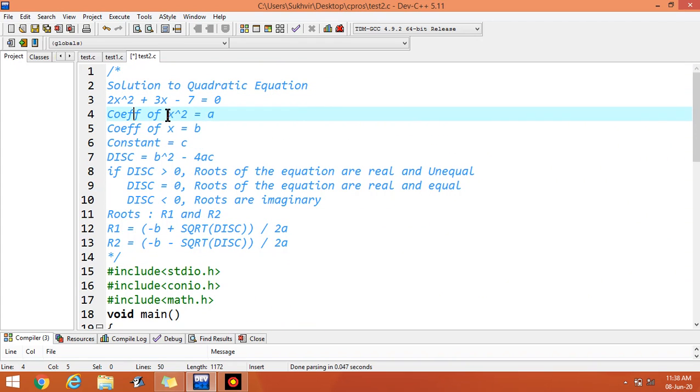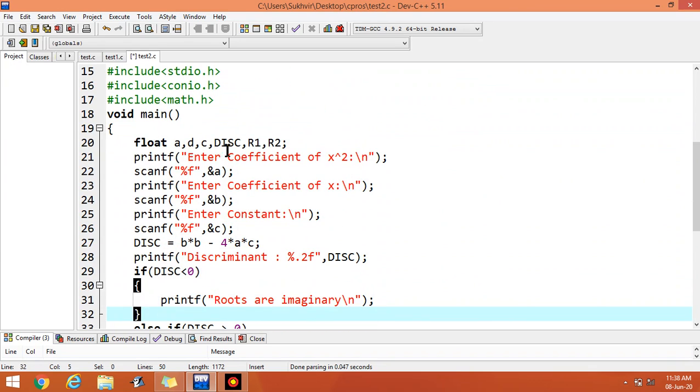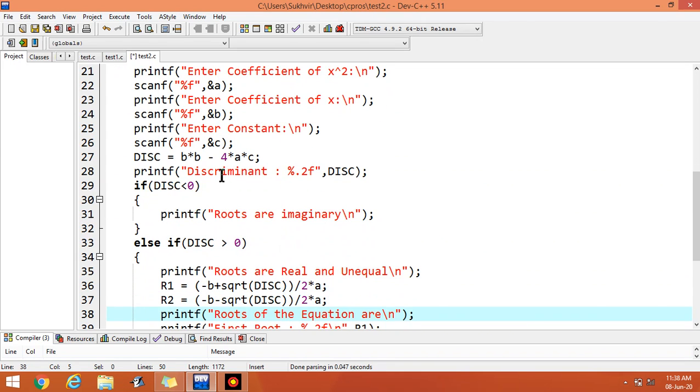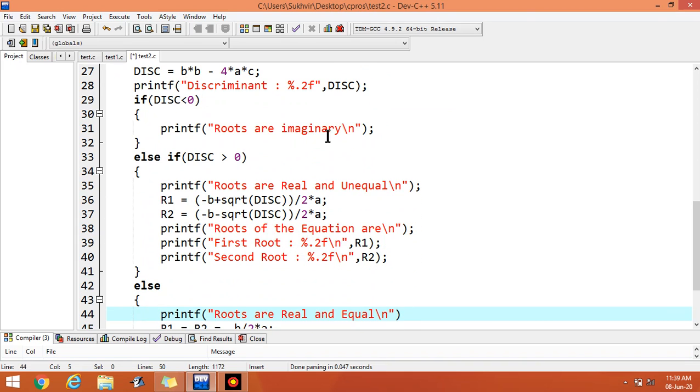Let us check the program again. This was the statement: coefficient of x square a, coefficient of x b, constant c. Then you have to calculate the value of the discriminant, b square minus 4ac. Then three conditions are there. If the discriminant is less than 0, roots are imaginary.